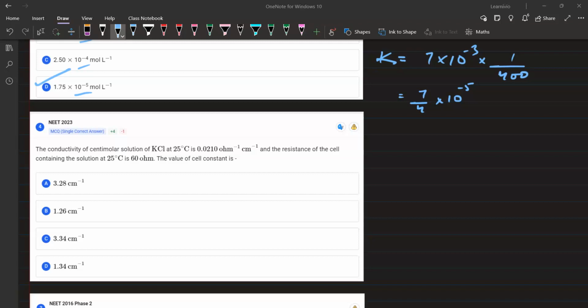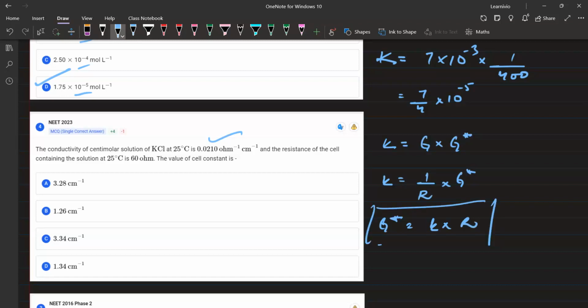Cell constant, if you guys remember, it is L by A. Conductivity is equal to G into G star, right? Here conductivity is given and resistance is given. So conductivity will be equal to 1 upon resistance into G star. So G star is the cell constant, it will be equal to conductivity into resistance. Simple.